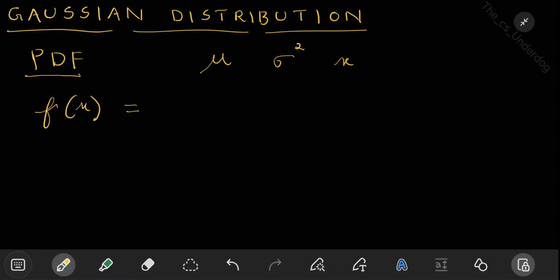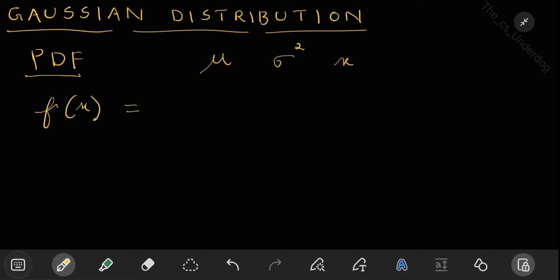So it's better that you memorize this function for now. Or automatically, if you are a machine learning student, as you move forward, you will have this function memorized because every now and then you will see a Gaussian distribution and you will have to do something with it. As you see this 10-15 times, it will be fixed in your mind.